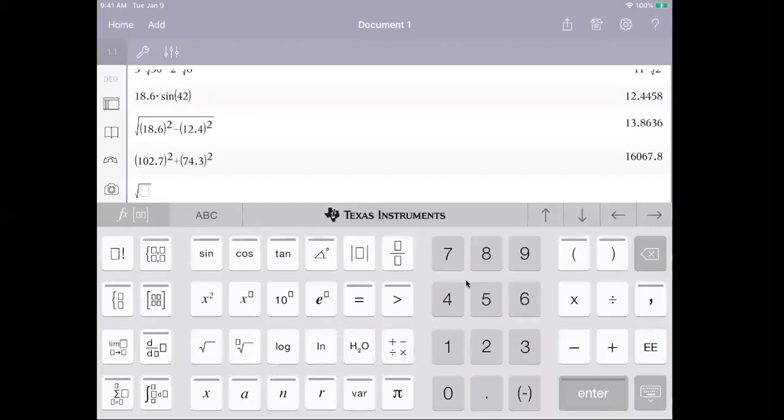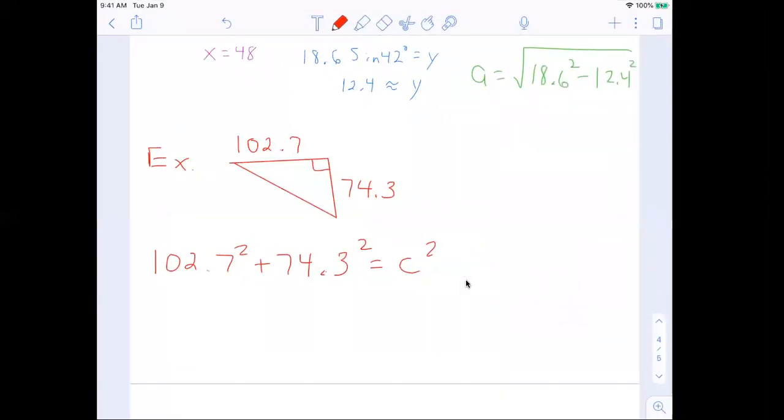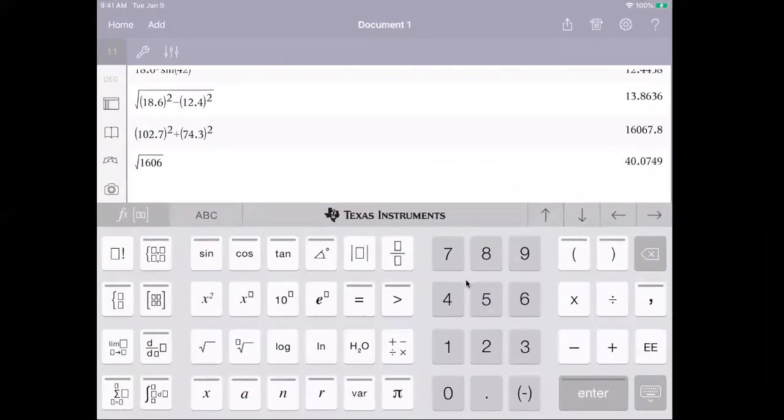So on the graphing calculator, you can hit square root and tap on the previous. You can copy and paste that. And I want an approximation. So we get 40.1. Wait, Mr. O'Connor, you didn't put the full number in. Ah, thank you.